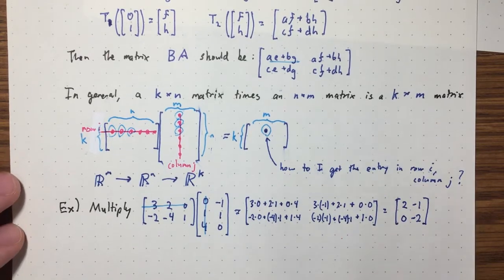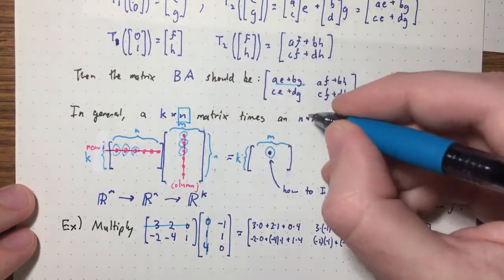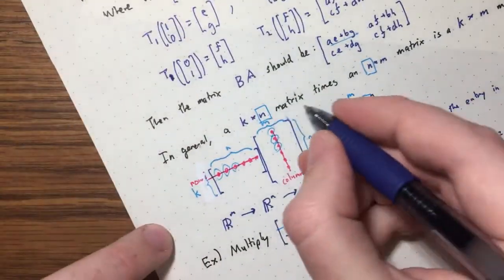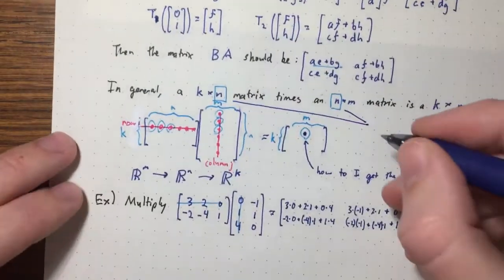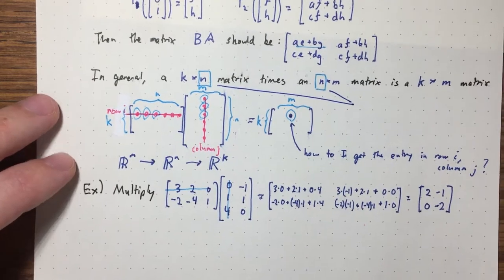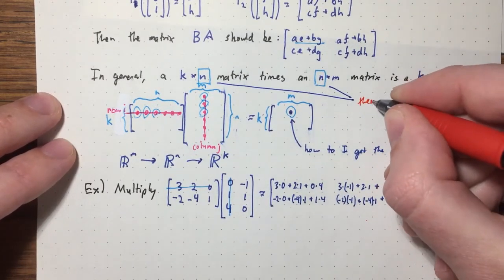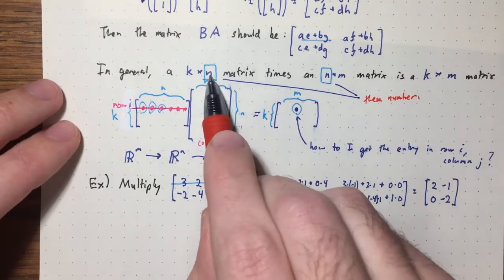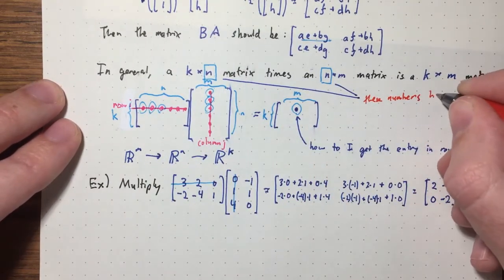One other thing to note, see this number here? That had better be the same as that number here. So I'll just say that. So these numbers, notice k does not have to be the same as m, but these inner numbers here have to be the same.